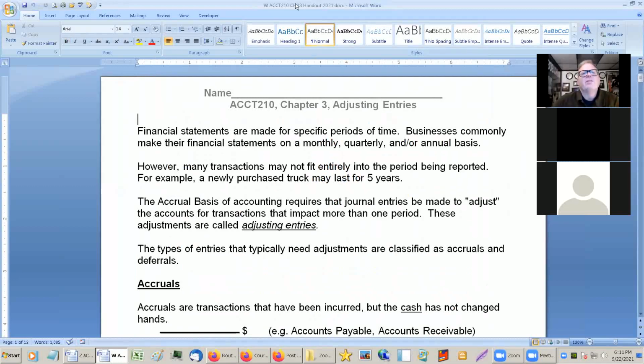Before I even do this, here's the idea behind adjusting entries: to try to get revenues and expenses matched up in the same period that they belong in. For example, if I said these are the revenues for 2021, and I matched it up against the expenses that we had back in 2011, you'd say that's meaningless, right?